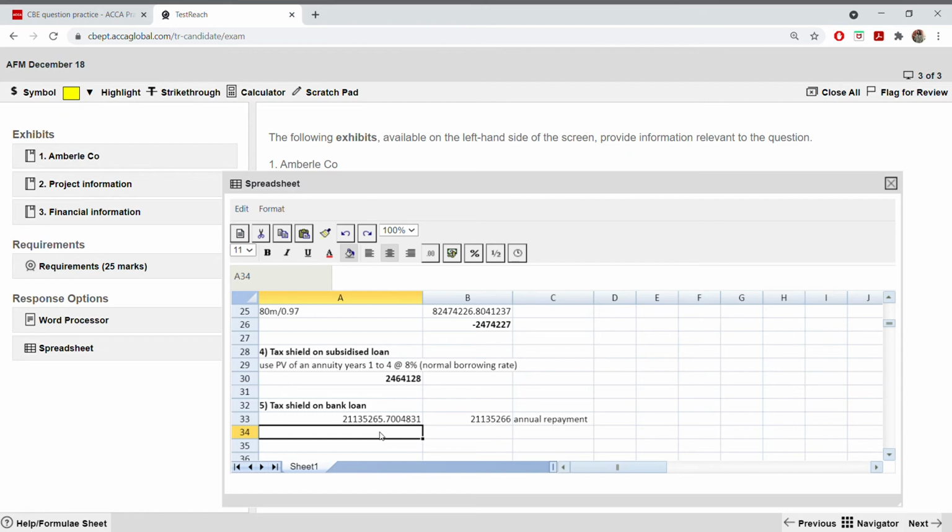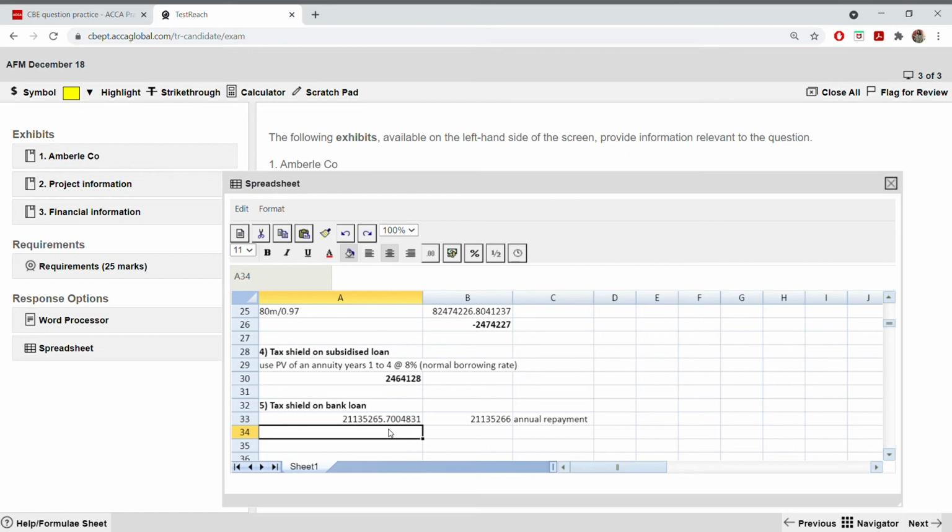No, no. We have to find the tax shield. Tax shield means we have to find the interest also each year.